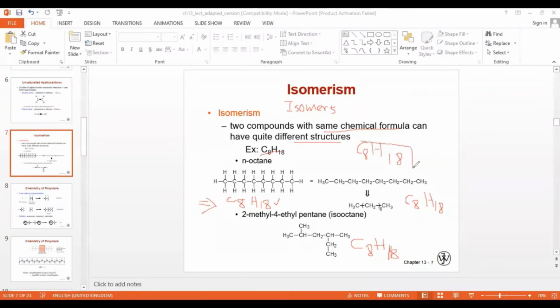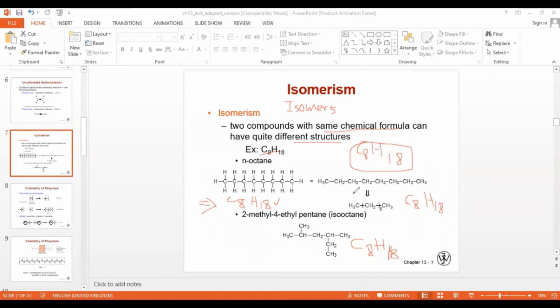We can have a number of different ways to write that. This is also C8H18, this is also C8H18, this is also C8H18, and this one also C8H18. So these are different ways of writing the same chemical formula.